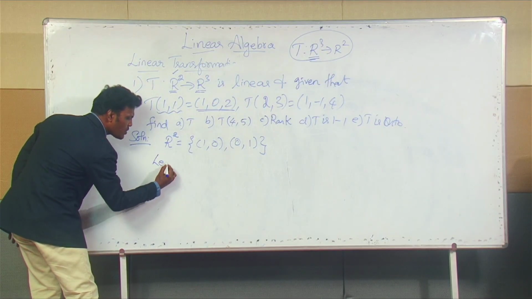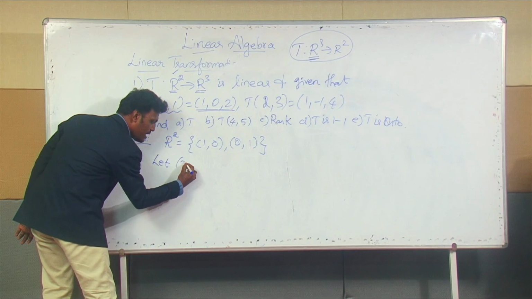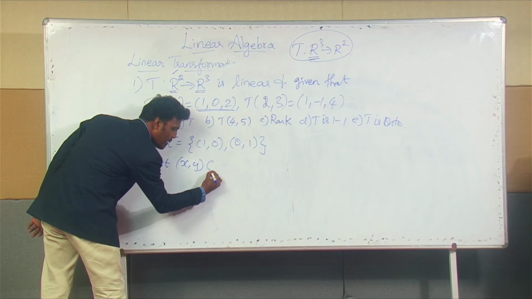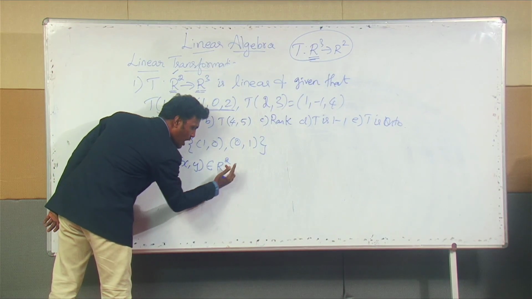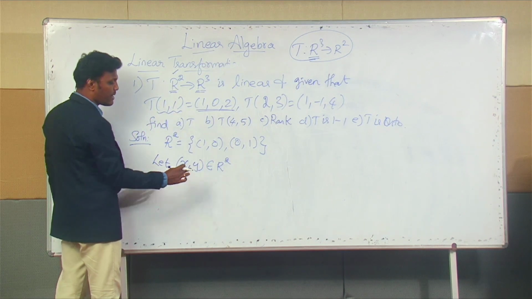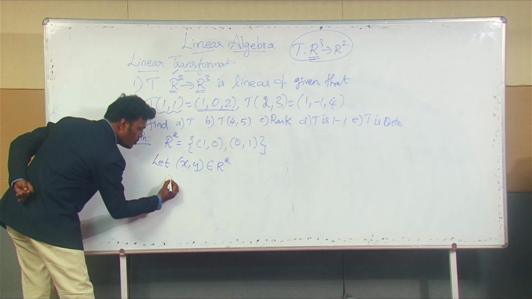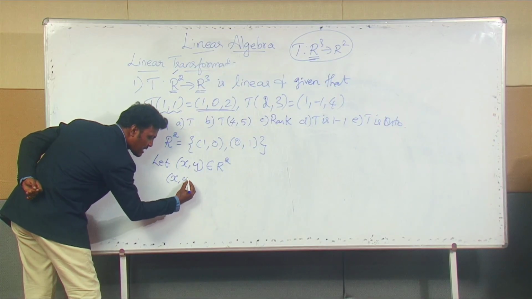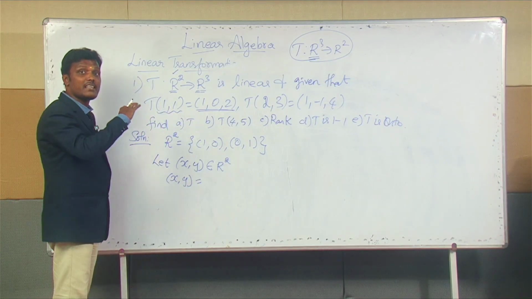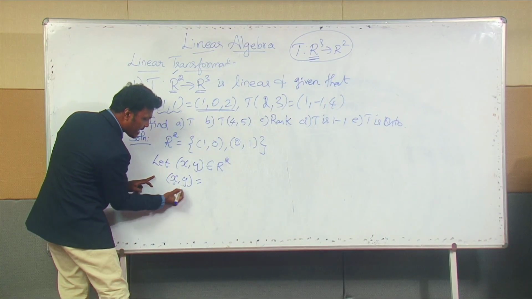Now I am taking the general element of R square, (x,y) belongs to R square, an ordered pair. Our aim is to write (x,y) in the standard basis form, so we take x outside.